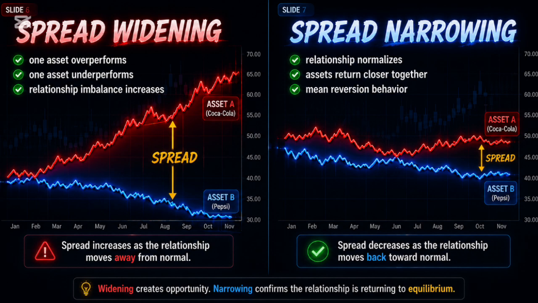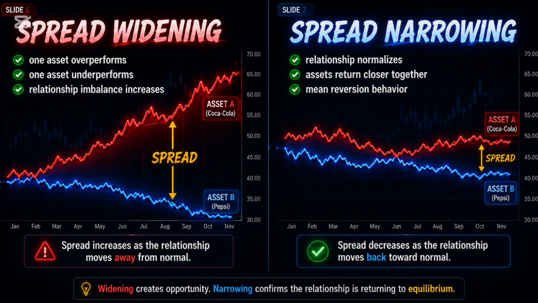Once it has stretched, it starts narrowing again. The spread may eventually start narrowing again, meaning the relationship becomes normalized. The relationship begins to normalize, and the assets move back closer together. And this behavior is closely connected to mean reversion, right?